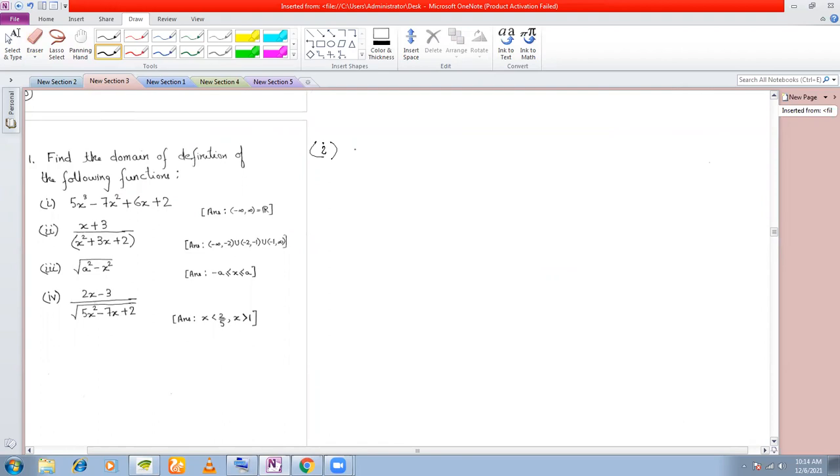Now, whenever you are attempting this kind of problem, always take f(x) or y is equal to the given function. So let's say, because we already took f(x), for a change let's take y. Let y is equal to 5x cube minus 7x square plus 6x plus 2.